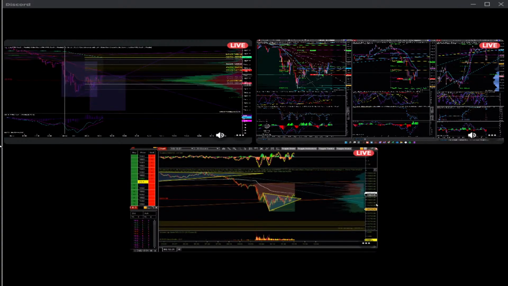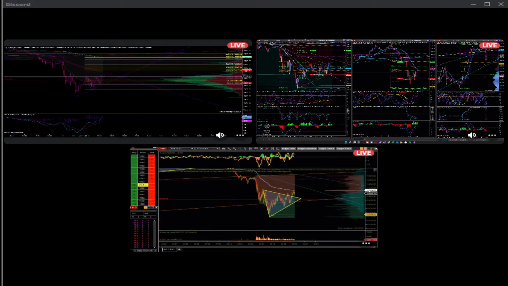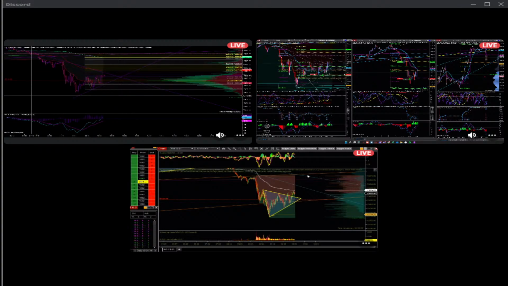If it doesn't, it'll be ABCD down. No, if it breaks up, it could be an XABCD up. If resistance holds, then we'd be ABCD down. The fork in the road.